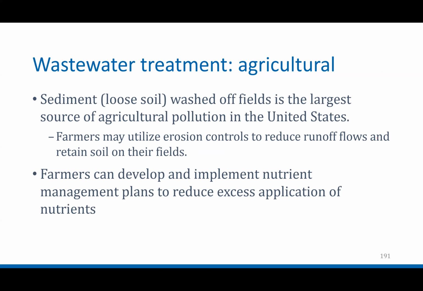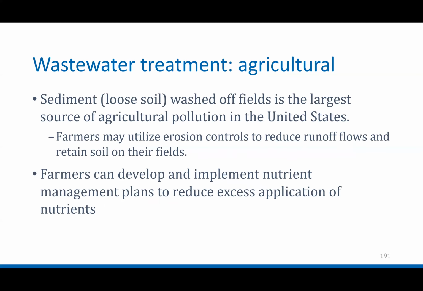Another problem with farming is the loose soil from when they till the land and use it to grow plants. The loose soil washed off fields is the largest source of agricultural, or farming, pollution in the United States, I should say. So farmers may utilize erosion control systems to reduce runoff. Basically, you're trying to prevent the land from running off during heavy rain, things like that.